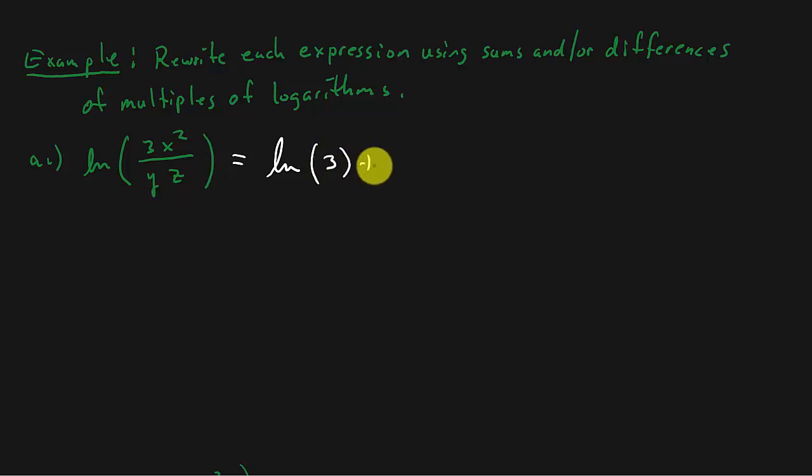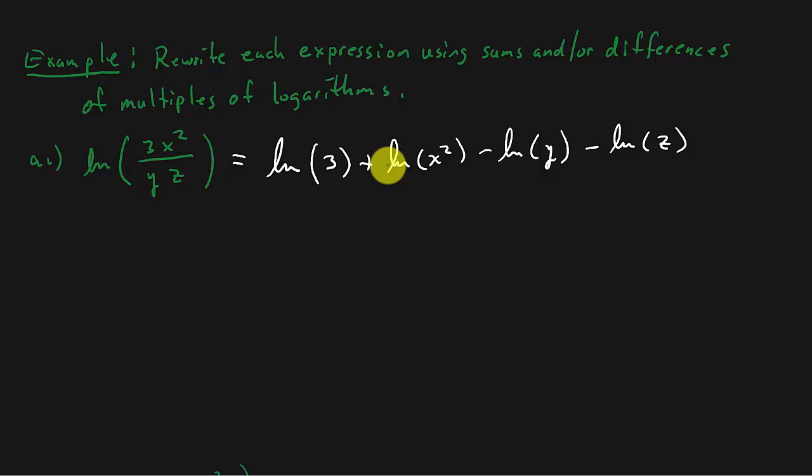So that's natural log 3 plus natural log x squared. See, it's multiplied across the numerator. Now the y is in the denominator, so that's minus natural log y. The z is in the denominator, minus natural log z. And then I need to take the 2 and move it down in front.